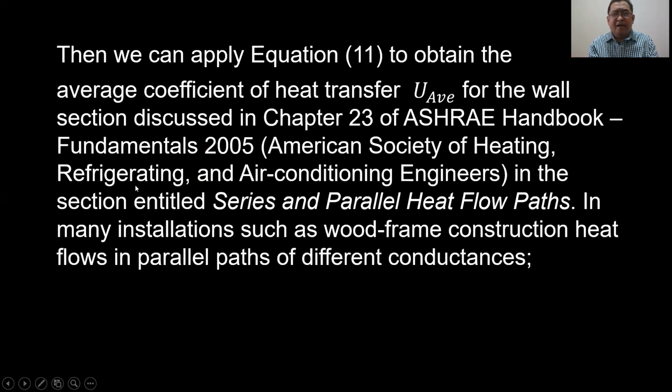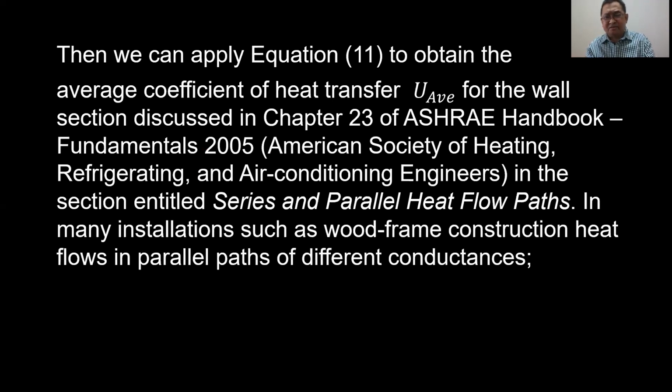We can apply equation 11 to obtain the average heat transfer coefficient, U sub average, for the wall section, as discussed in chapter 23 of the ASHRAE Handbook, Fundamentals 2005, American Society of Heating, Refrigerating, and Air-Conditioning Engineers, in the section entitled Series and Parallel Heat Flow Paths.